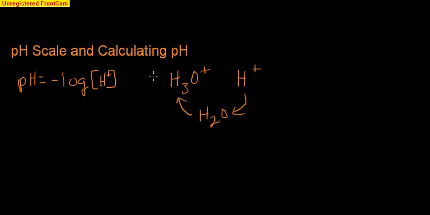So a lot of times when you're talking about acids, you're going to see H3O plus and H plus, and for our purposes they're basically interchangeable. They both mean acid.